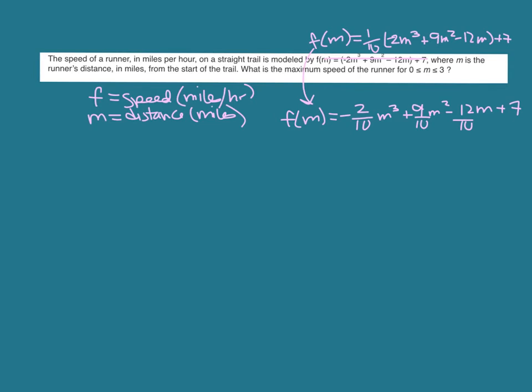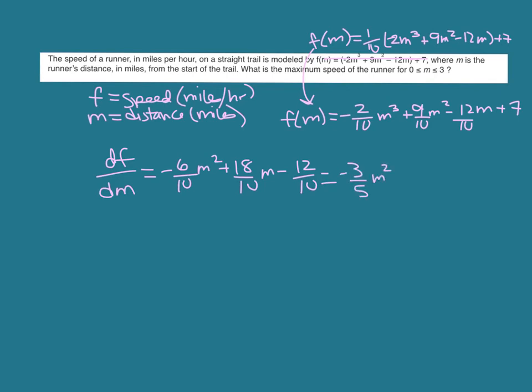So now we're going to take the derivative of f with respect to m. The derivative of f with respect to m is going to give me negative 6/10 m squared plus 18/10 m minus 12/10. That 7 actually goes away. So I'm also going to simplify that a little bit just to make things easier to work with. Still not very nice numbers, but we can deal with it.